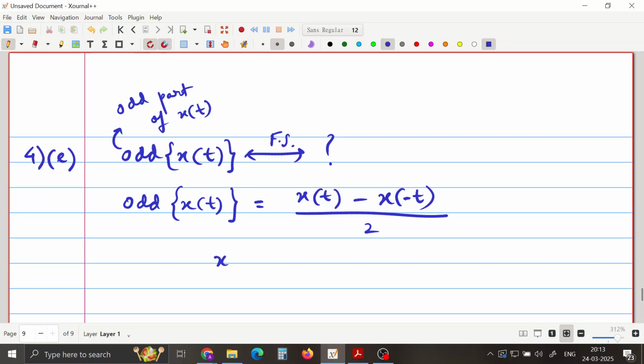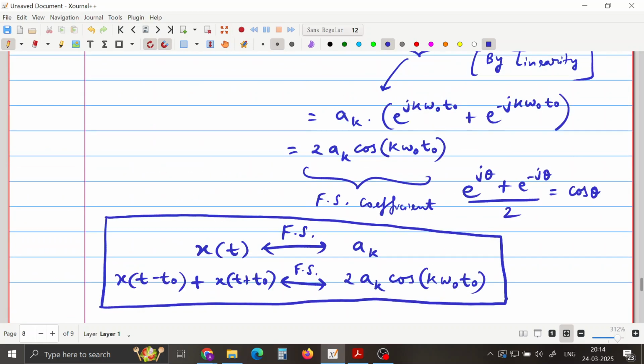And now what do we know? We already know that x of t has Fourier series coefficient ak. Now in the odd part of x of t, we have two terms, a linear combination of two terms. Half into x of t, which is our original signal, and we know that its Fourier series coefficient is ak, so that's fine, minus half into x of minus t, so that's the time reversed signal.